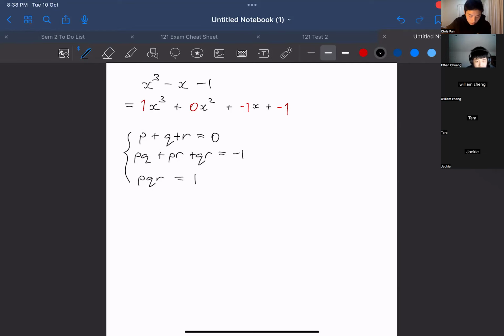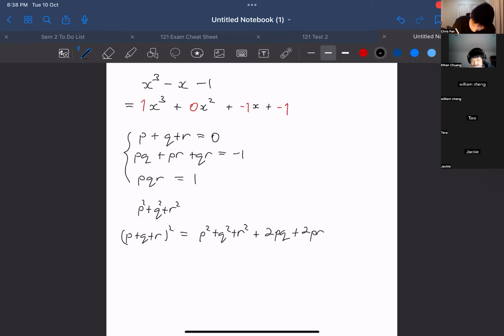And what we desire to find is p squared plus q squared plus r squared. Again, we can first just expand out p plus q plus r squared and see what we get. If you expand this out, you get something like that.